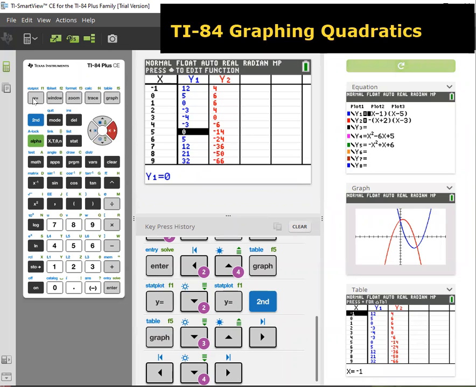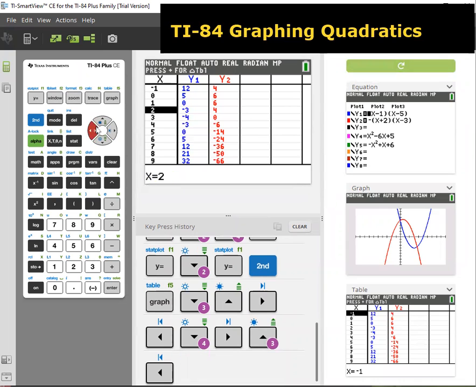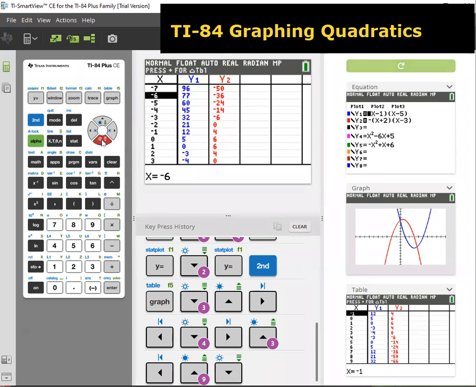Well, that's because those are the factors that we see on the screen here on the right. For equation 2, it's negative times x plus 2 times x minus 3. So the first 0 will be the opposite sign, at negative 2, and the second 0 will be at 3. Make sure you go to the scroll bar on the left column, then we can scroll back to negatives.